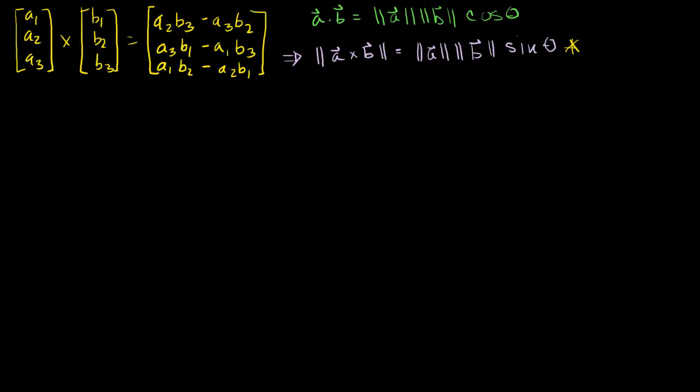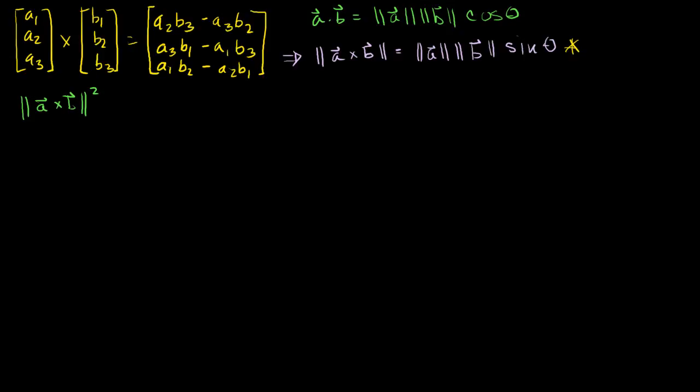Proving this result, the place I'm going to start is with the idea of taking the length of a cross b squared. That's a cross b right there. So I'm essentially taking the length of this vector squared.